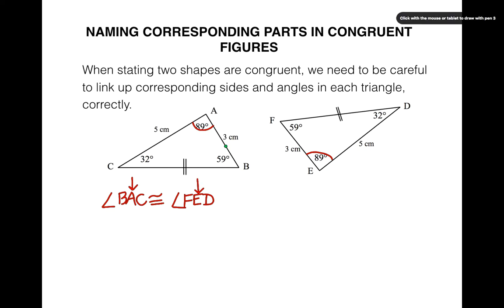Let's have a look at angle B now. We can clearly see that angle B matches angle F. So we could call this not just angle B, but angle ABC. And that's congruent to angle EFD.